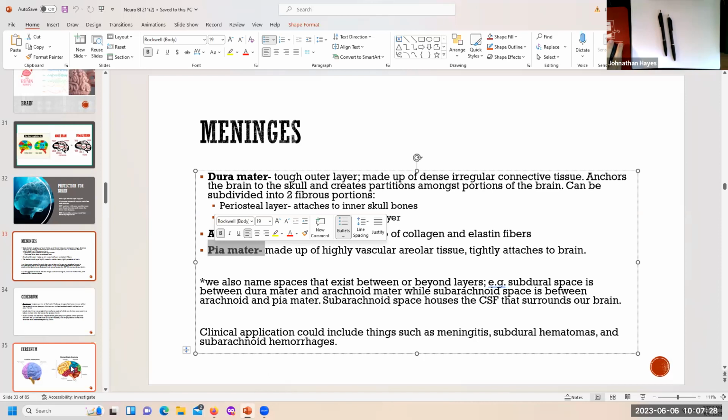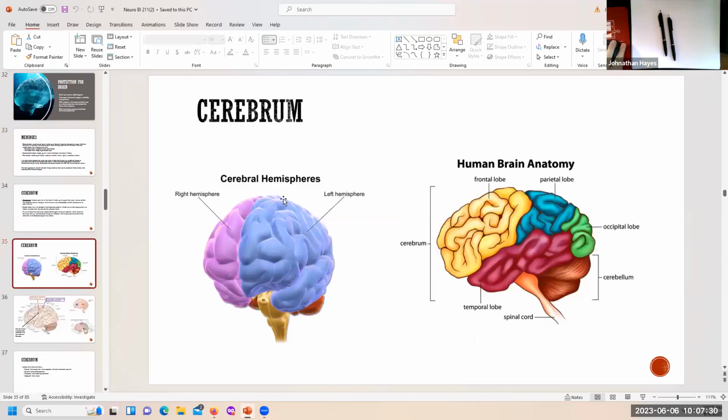So I know that's kind of hard to envision, but if we look at this picture here, you can see the main portions of the brain, the cerebrum or the two cerebral hemispheres, there's this large kind of space in between, and that dura mater will actually attach to the skull out here, and it forms little partitions or walls in between the two cerebral hemispheres. And you end up getting another partition that forms between the cerebral hemispheres and the cerebellum.